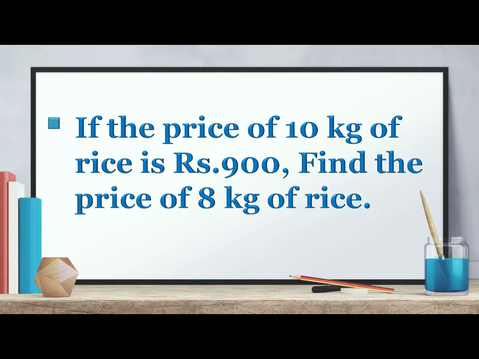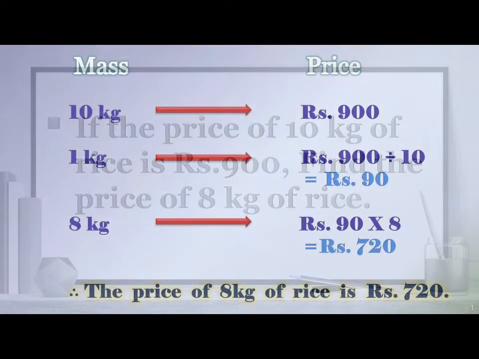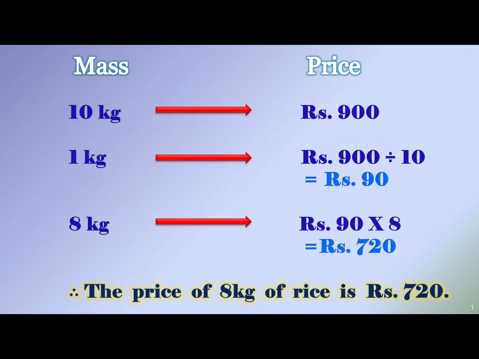Start from the data given to you. So here I have given you the price of 10 kilograms of rice is 900 rupees. You can write the sentences here, but I am not. Next, before finding the price of 8 kilograms of rice, we can find it for 1 kilogram. That is called the unitary method.